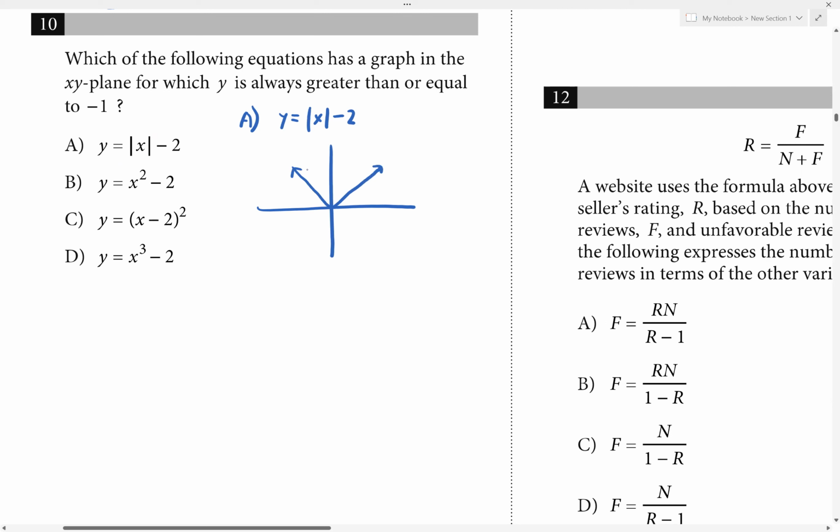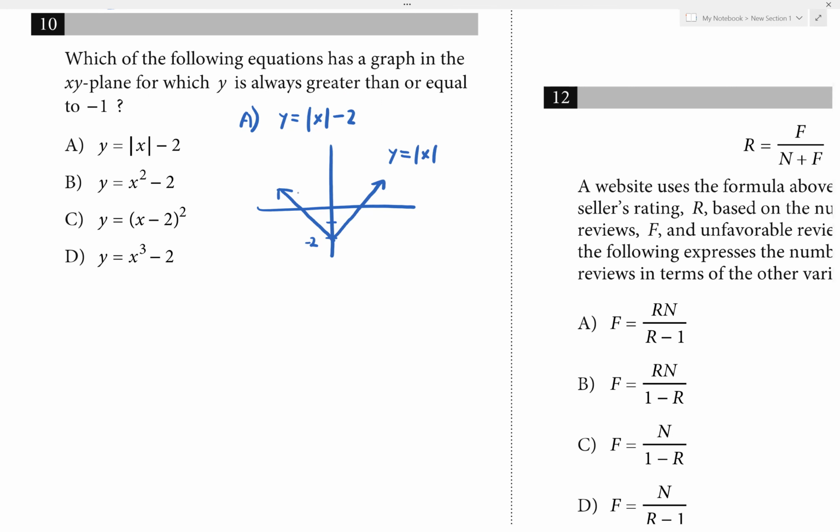That's the shape of the parent function, y equal to absolute value of x, but we have a -2. So that means we have to shift the graph down 2 units. So instead of going through 0, 0, now we're going to go down to -2. We're thinking transformations here. So the graph will shift down, it'll look like that.